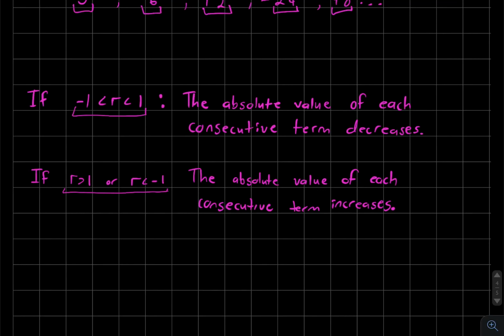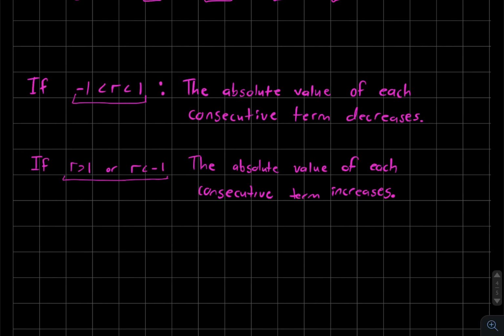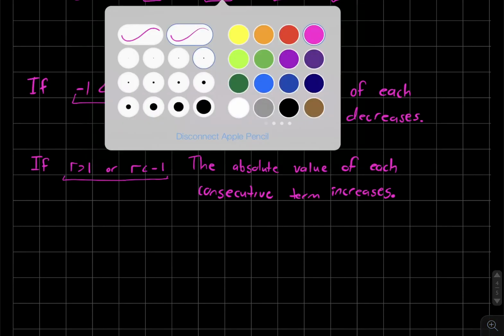It becomes bigger and bigger, ignoring the negative signs. Keep that in mind. Okay? So those are the properties of r, and this might seem a bit abstract, confusing. You might be asking yourself, why are we even learning about these properties? And you'll see that as we go on to learn about things like convergence and so on, this will come in handy. Okay? So just keep that at the back of your mind.